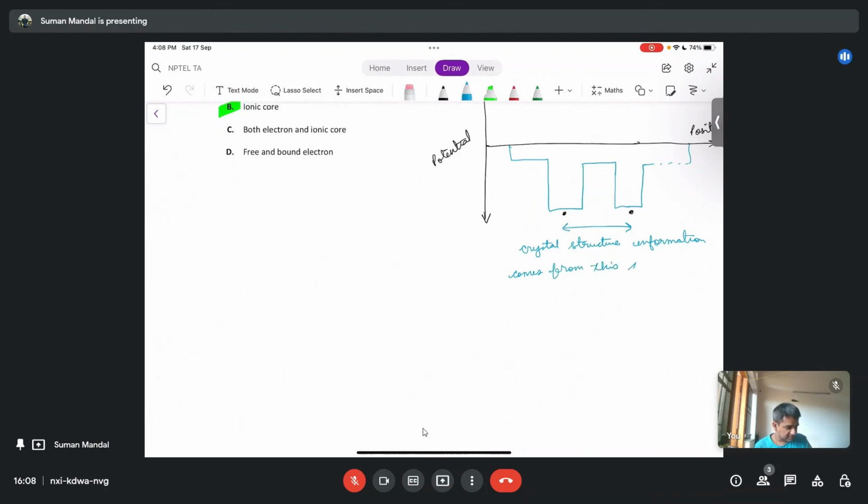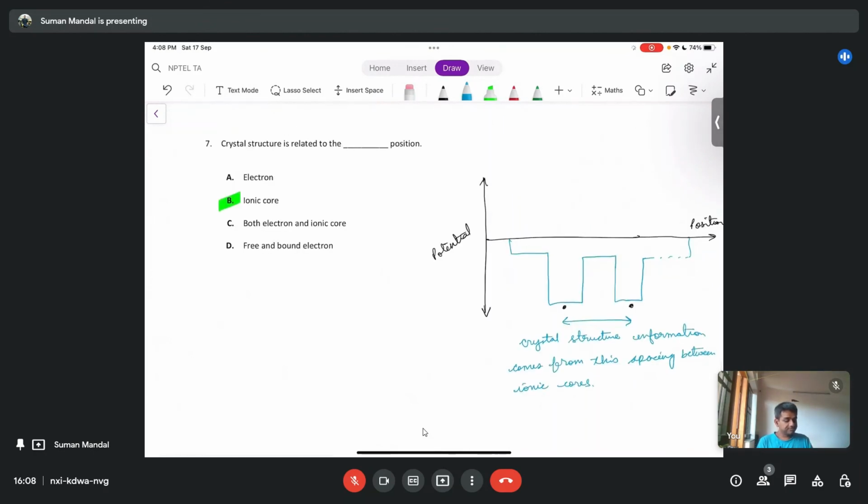This comes from the spacing between ionic cores. The bound electrons are only confined to this location, so there is no information about the periodicity of the crystal of the ions, and the free electrons are everywhere.